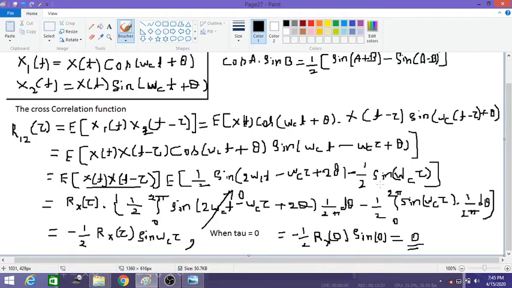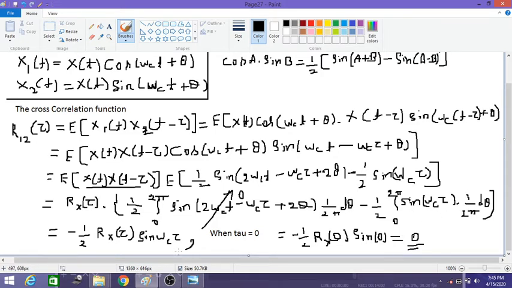Remember again, here we got a constant term, that is sine of omega c tau, because we are going to apply the expectation operator. When we apply the expectation operator, our density function with respect to theta is 1 by 2 pi, and theta is a random variable, so we integrate with respect to theta. The sine term with 2 theta will become 0 when we integrate. So we take only the constant term.